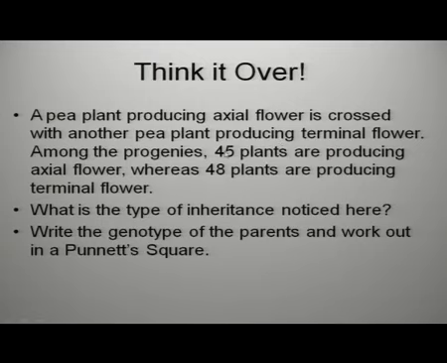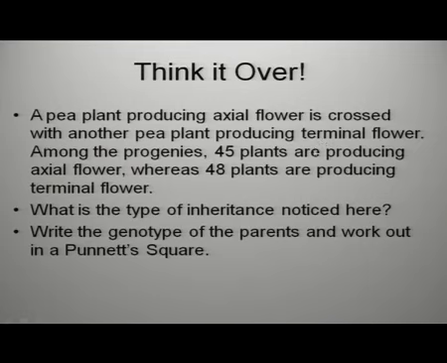Among the progenies, 45 plants are producing axial flower, whereas 48 plants are producing terminal flower. So, here we are considering only one pair of contrasting character. So, it is an example of a monohybrid cross. The character here is axial flower and the other is terminal flower.